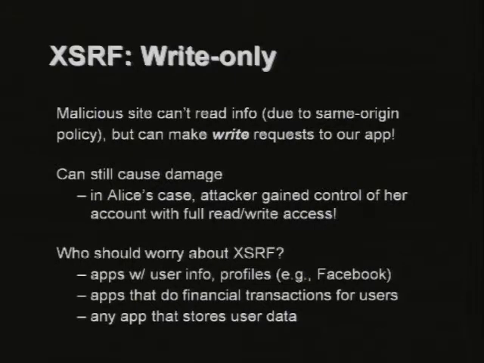In this case, the evil site wasn't able to read any of the information on the bank.com webpage, but it didn't matter, because what the attacker was able to do is make a write request to bank.com. It basically made a write request saying, here, please post this request and issue this bill payment. So write-only access can result in considerable damage.